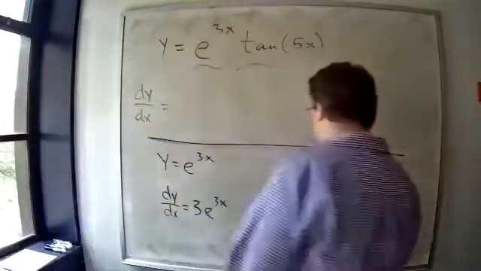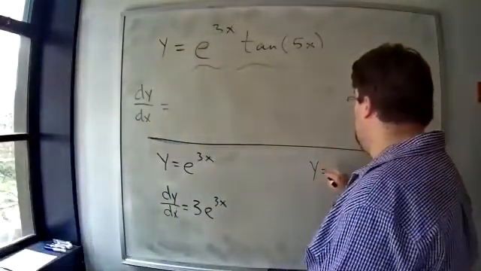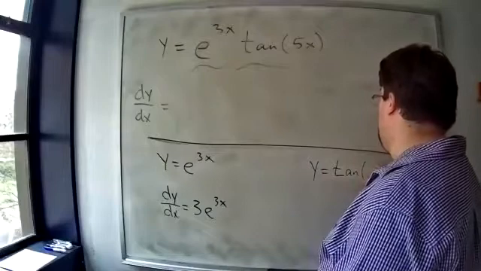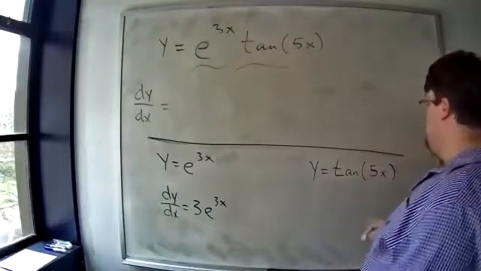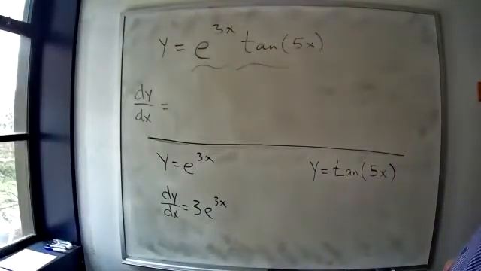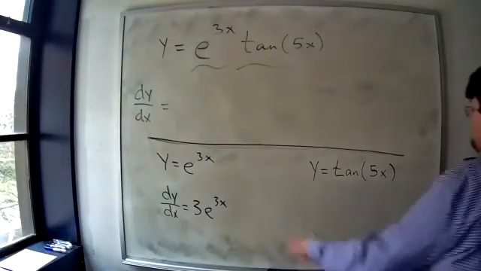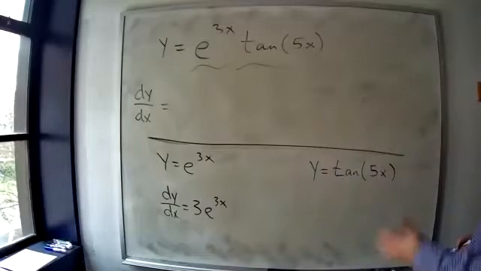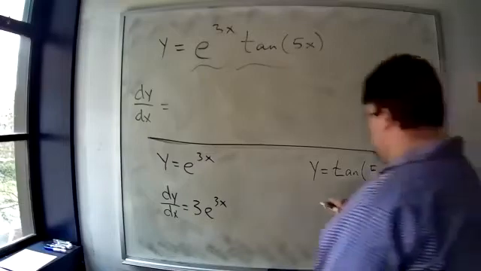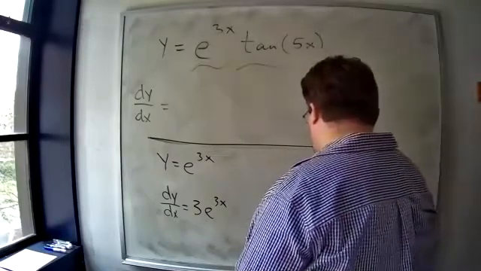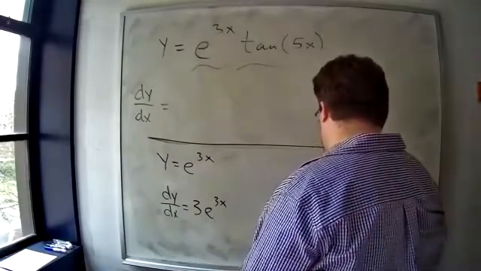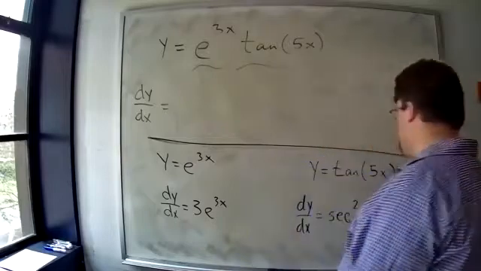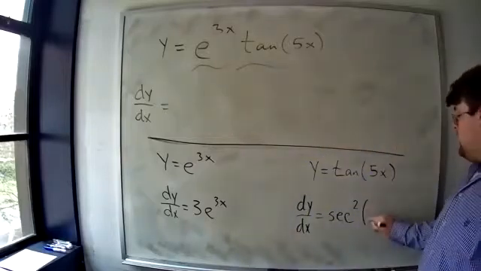And similarly here for the tangent piece, for y equals tangent of 5x, you want this derivative. Well, we have here a tangent function. The derivative of a tangent function is a secant squared function. It's a secant squared.